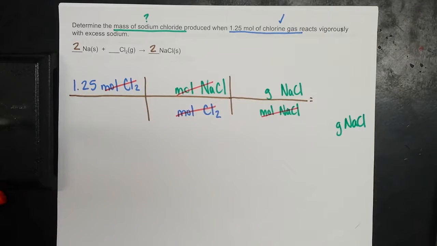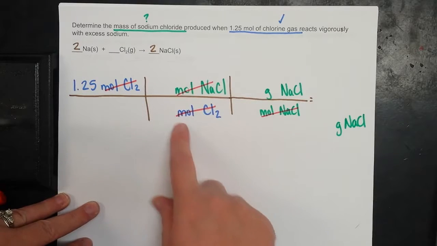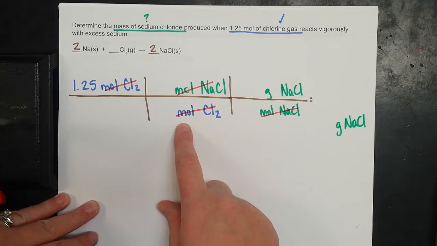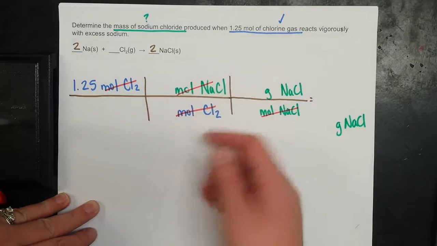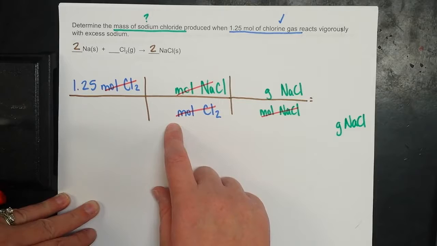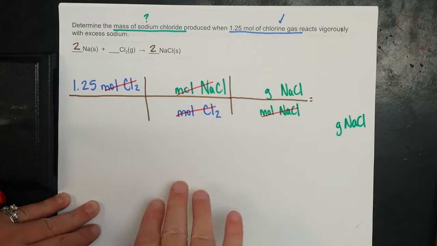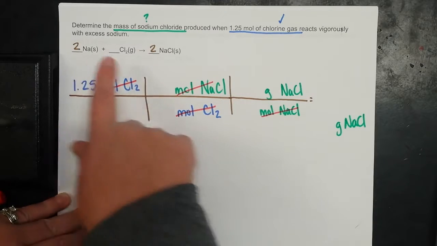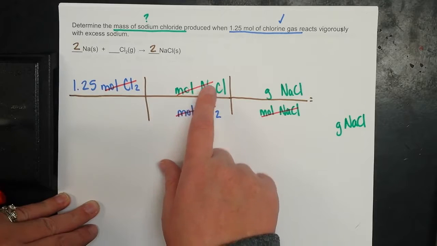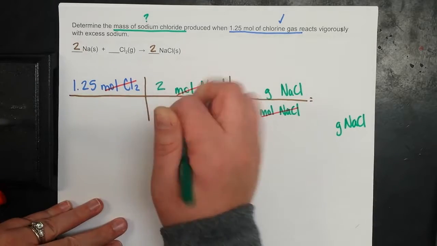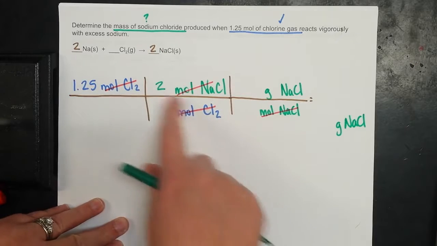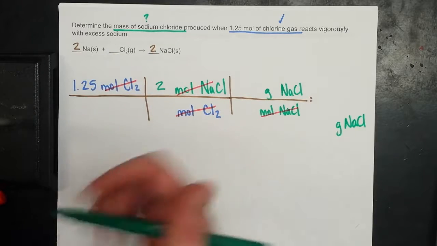To me, the mole ratio is always the first part of my dimensional analysis problems, the first ratio or conversion factor that I will fill out, because I know I definitely don't have to ever do calculations because it comes from the equation. So here I need to see how many moles of sodium chloride are represented, which is 2. So there's 2 moles of sodium chloride represented for every 1 mole of Cl2.